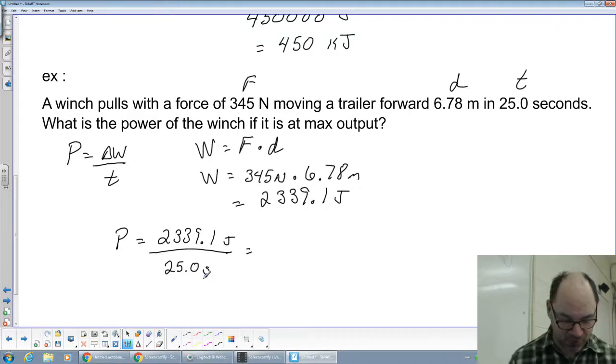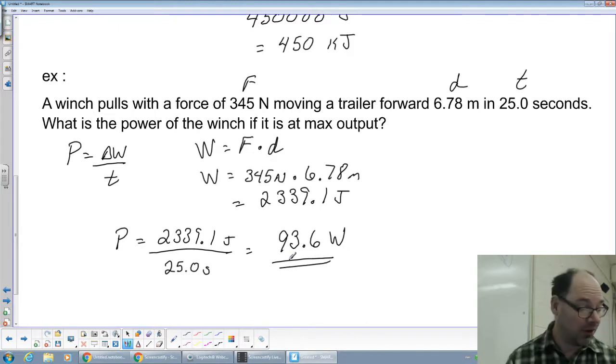So divide it by 25. And you get 93.564, so 93.6 watts, or joule per second, which is the same as a watt. So there's an example where you're doing a combination of work and power together.